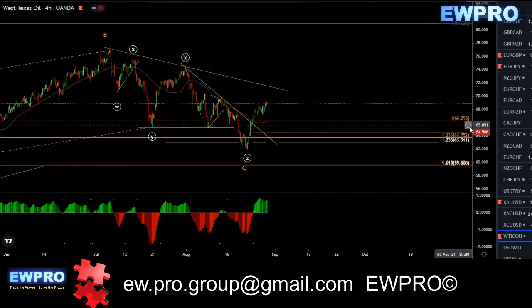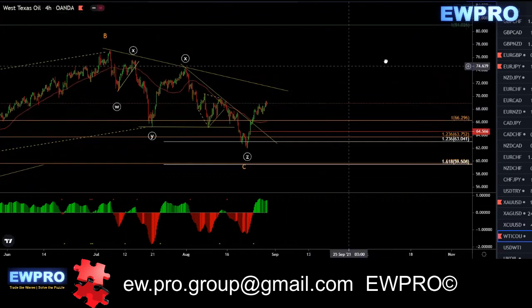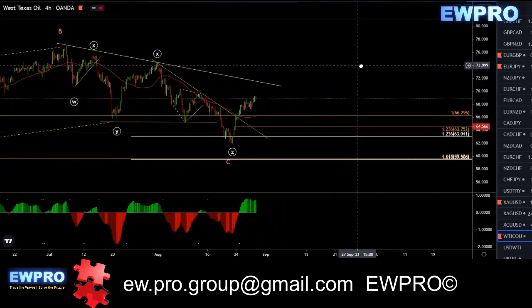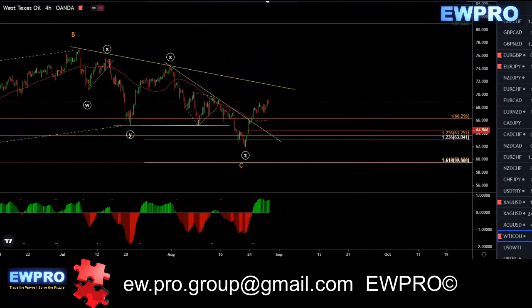Looking at the H4, we were looking at this WXY X2 with bear hidden, and we went and broke that low, but we got a flat in here. So like I said last week, we've got 3 down in here.